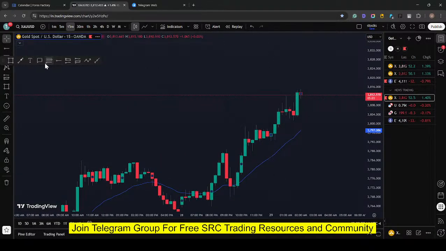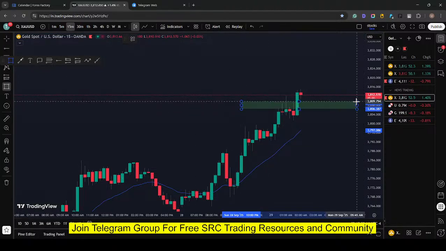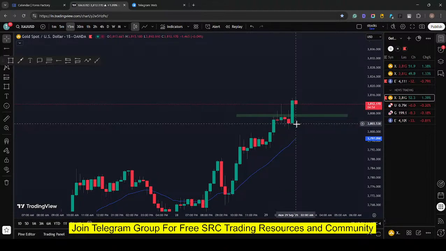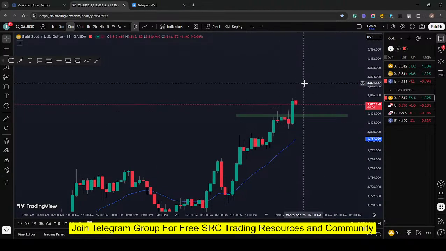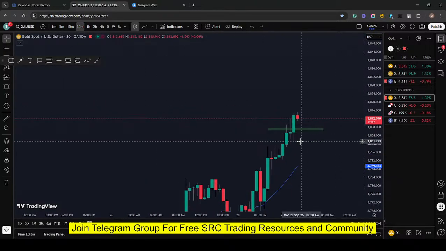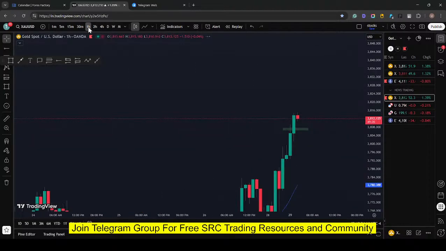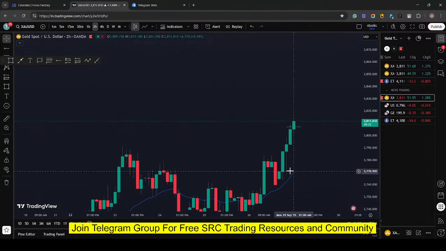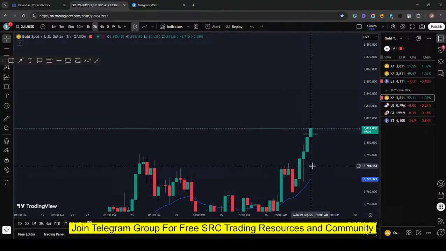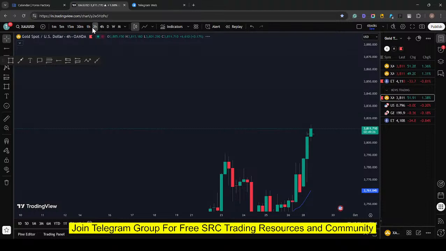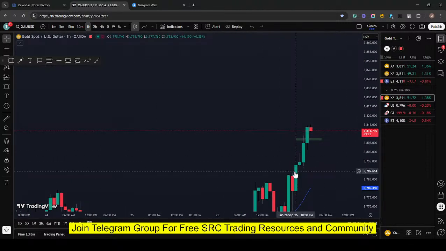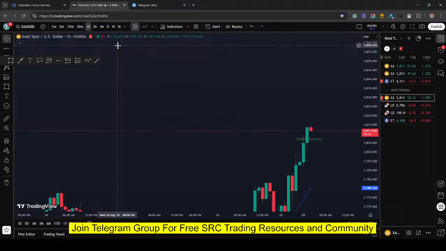Yeah, I think some people will go for buys from here because this candle is closing above the consolidation, and this candle is closing above the consolidation, and people will look for buys above this. 4 green candles.